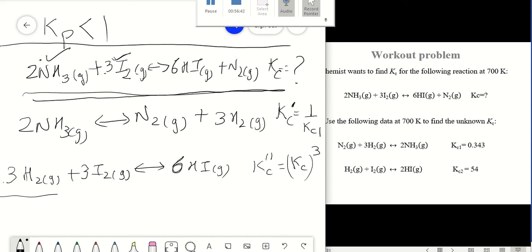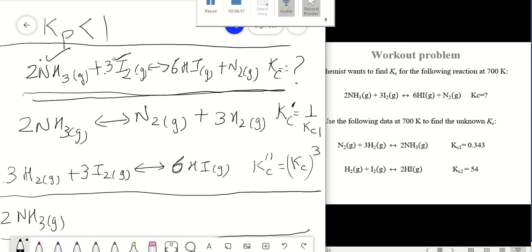Now, first thing, it's a hit and trial approach, okay? So we're just going to assume that this is done. Let's try and add these two reactions now. So 2 ammonia, do I see any ammonia anywhere else? No, so that will come right here, 2NH3 gas. It's one of my reactants. Let's look at the other reactant now. I have 3 hydrogen right here. First, just do the reactants, then we'll move on to products. I see 3 hydrogen moles.